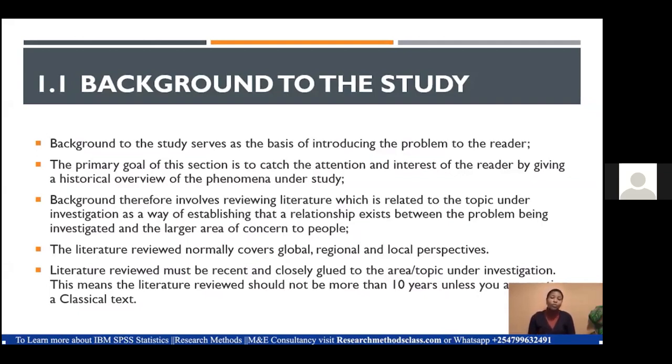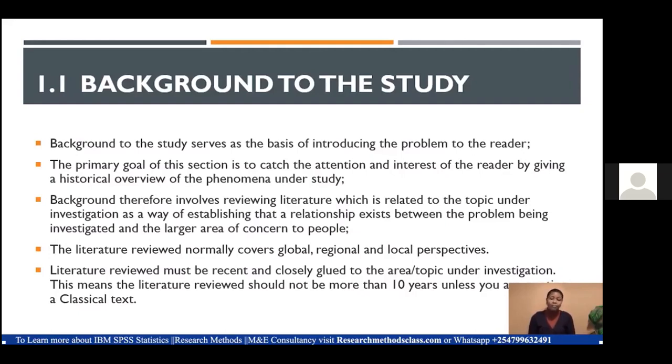And as you discuss your background, you are showing the reader that there exists a relationship between what you want to study and the concerns of the people. Even the literature that you are reviewing has written what you want to investigate.